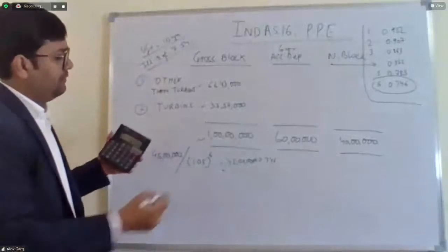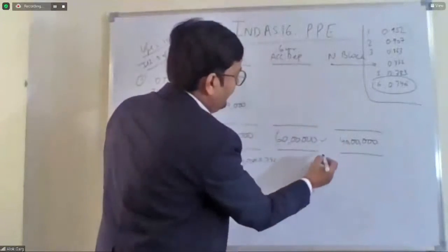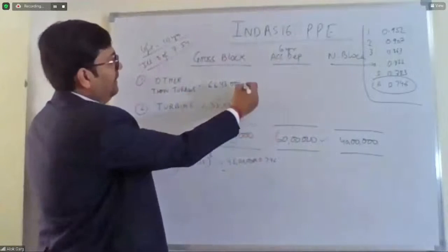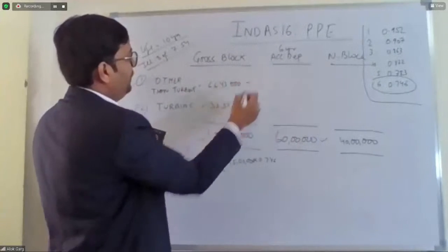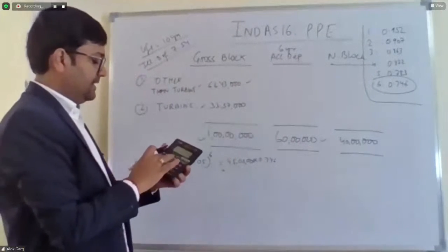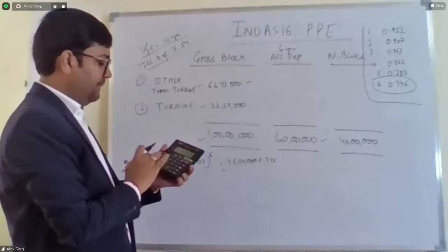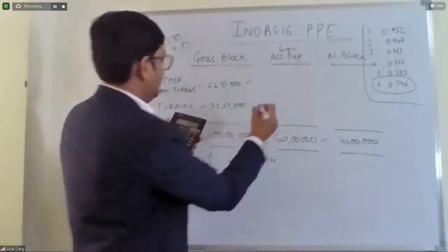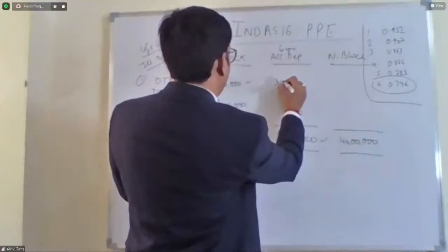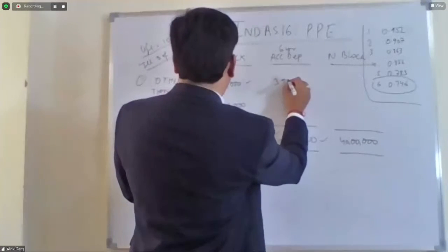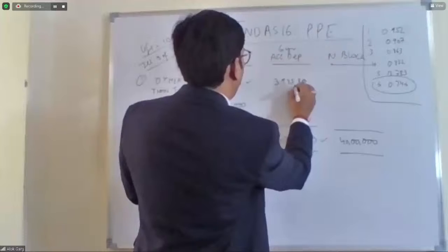Now the total depreciation is 60 lakh. If I divide 6643 by 10 and multiply by 6, it is 39 lakh 85,800.